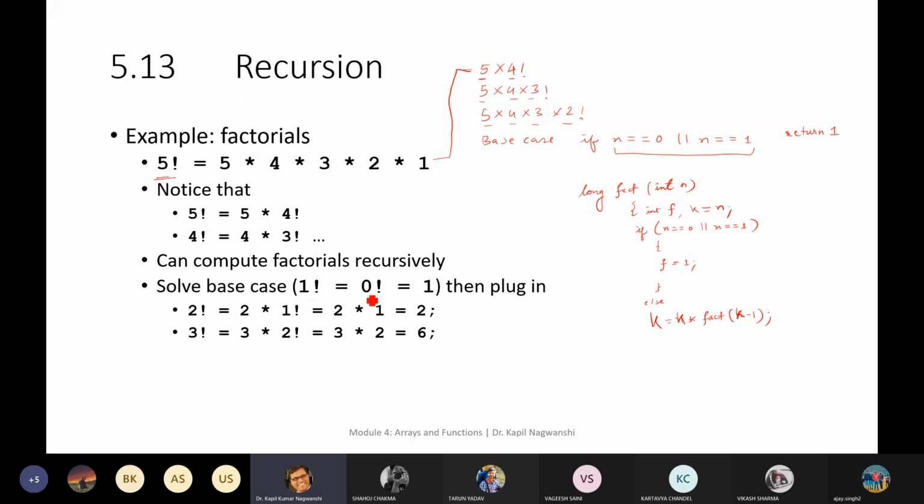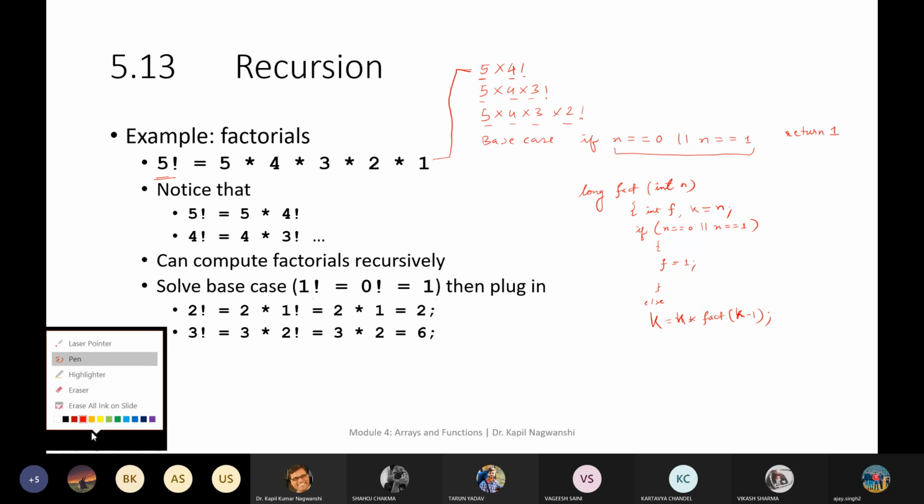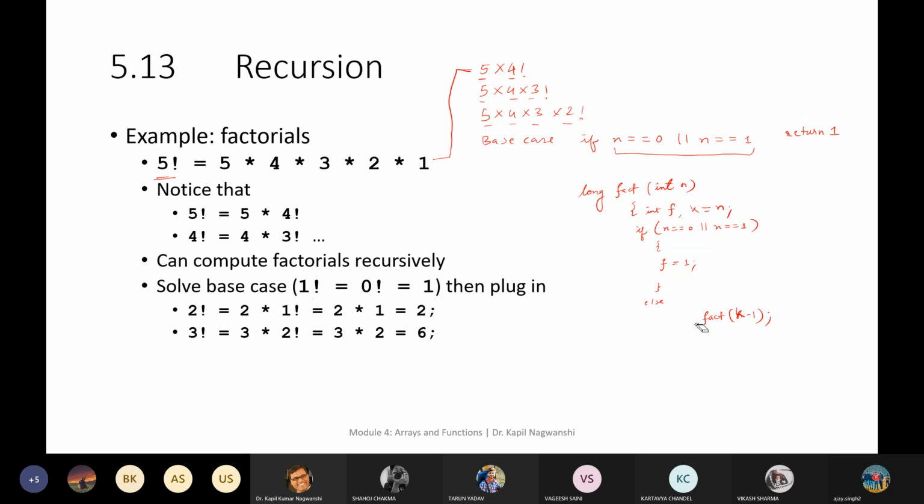So this is a much better step. So it will return n into factorial n minus 1. And finally, this will give you the answer.